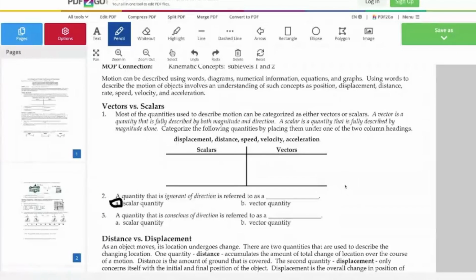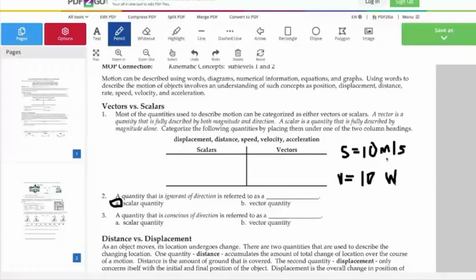Let's say our speed is 10 meters per second, and then our vector, our velocity, is equal to 10 meters per second west. So you see the difference here.